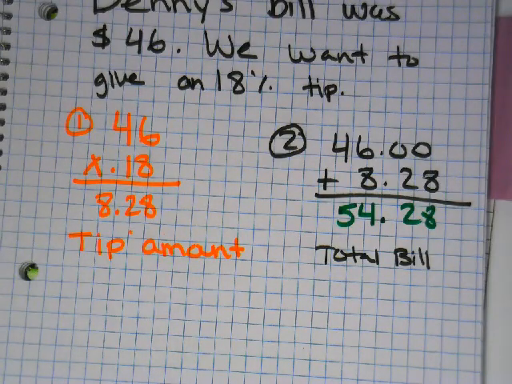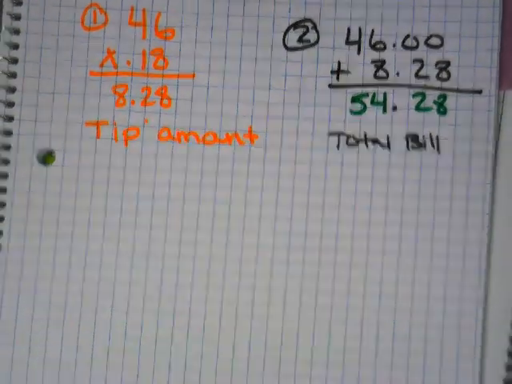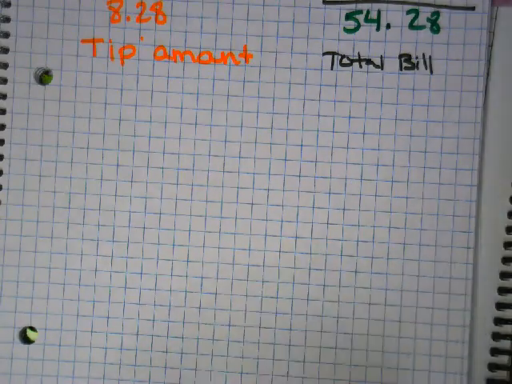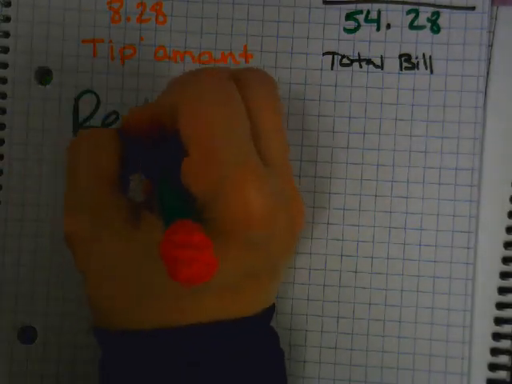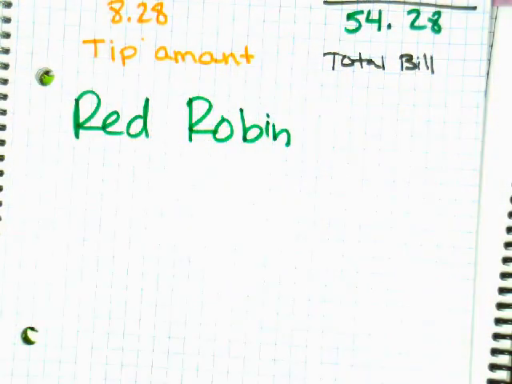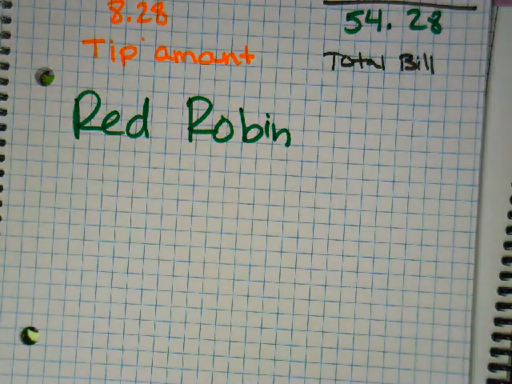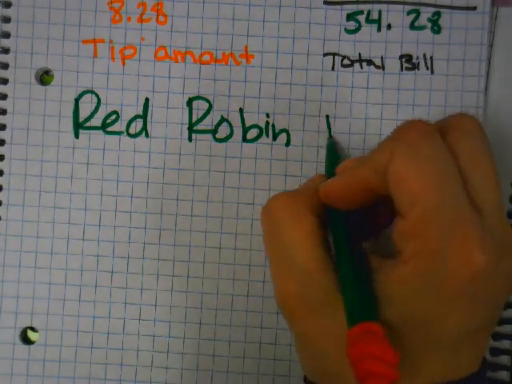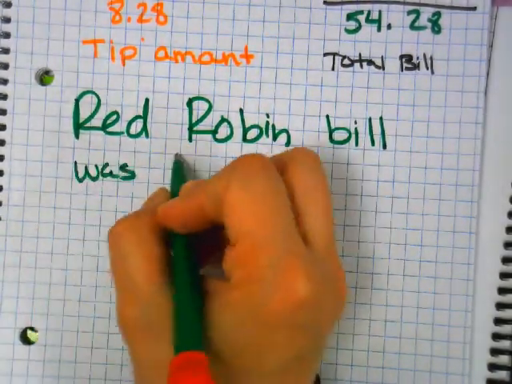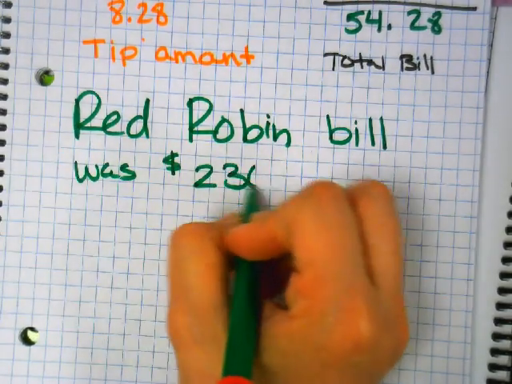You know, I was feeling really generous, and I'm like, you know what? I should reward my students. So I took my favorite students to Red Robin. You know in your heart if you're one of my favorite students. My Red Robin bill, because I took my favorite students, was $236.